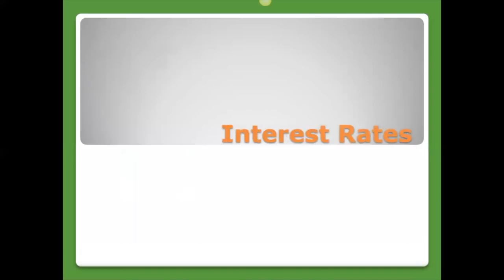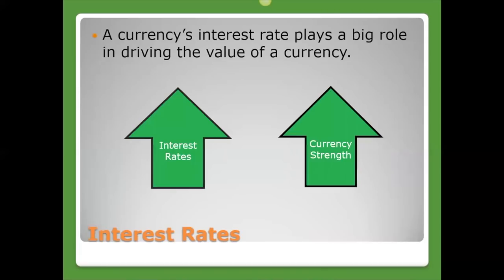So the first thing that we'll take a look at is interest rates. We have covered this previously, but let's do a quick review here. Interest rates are very important, especially these days when the different central banks are raising rates. We saw Bank of Canada raise rates.